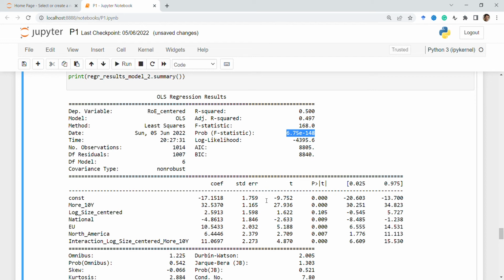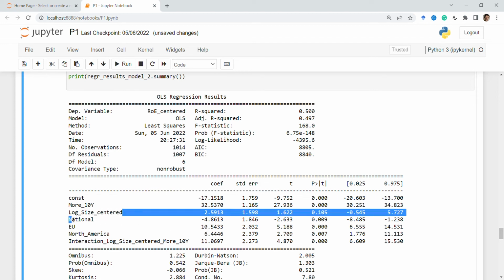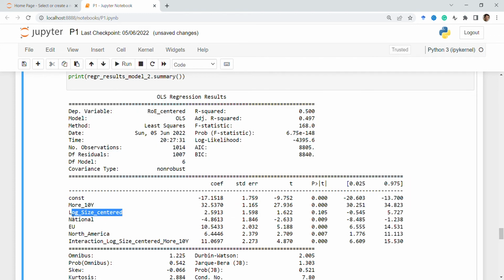And when we look at the coefficients, we see that this one here, the size, does not affect the final return on equity, it doesn't seem to have any influence. But there is an interaction. This interaction, yes, it does. So the size affects through the age, but not directly.